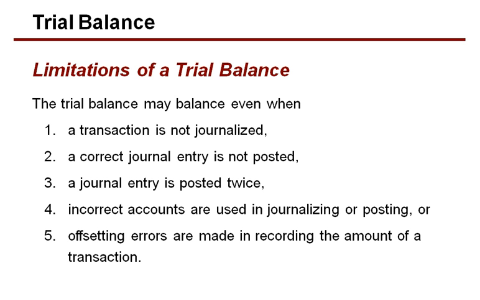A correct journal entry is not posted at all. A journal entry is posted twice. If a journal entry is posted twice, you'll be out of balance, or you'll be in balance, but you'll still have mistakes in both of those accounts. You could have used an incorrect account, like putting something in its place that belongs in accounts receivable. And there you could have offsetting errors, so there are limitations to a trial balance.